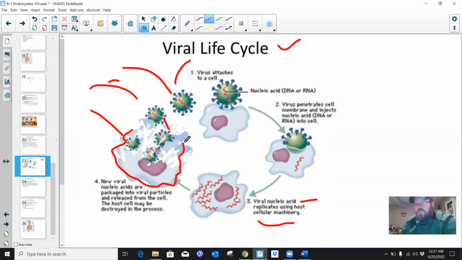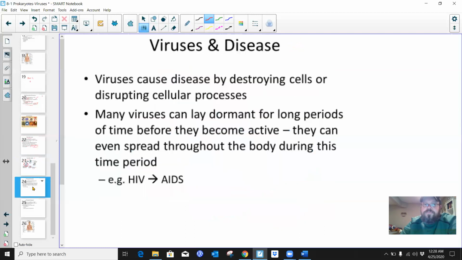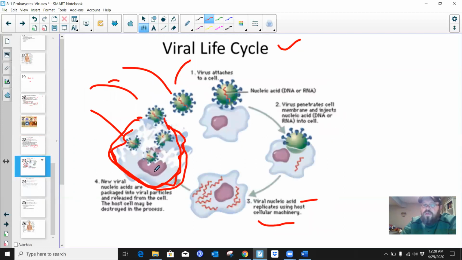But the virus is using the mechanics or the cell division and machinery that exists within cells to duplicate and create proteins, to duplicate and create new membrane, and ultimately, in this case, viruses. Okay. So viruses, again, they cause disease by destroying cells, okay, which we just saw, the end result in many viral life cycles.